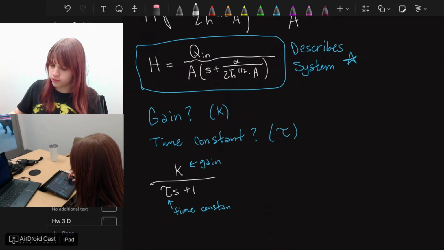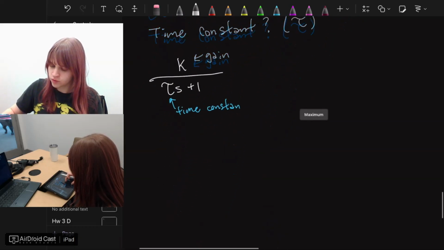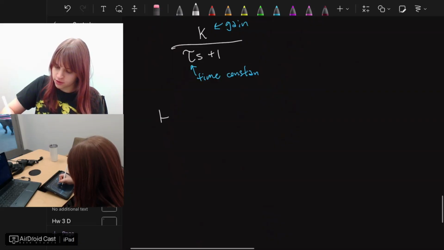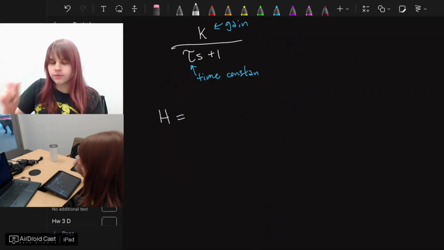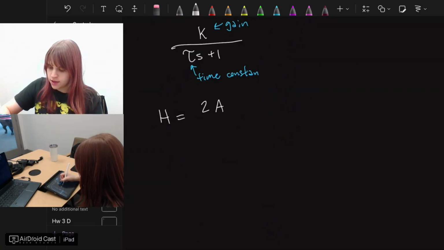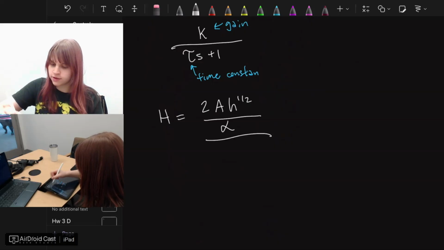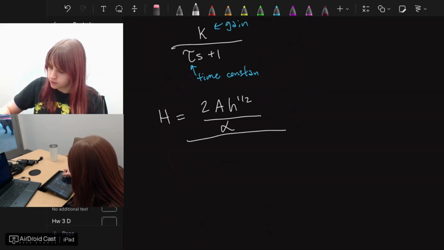So we need to do something with that Q in for sure. We need to substitute those values that we defined previously: 2A h bar to the 1/2 divided by the alpha that I defined.